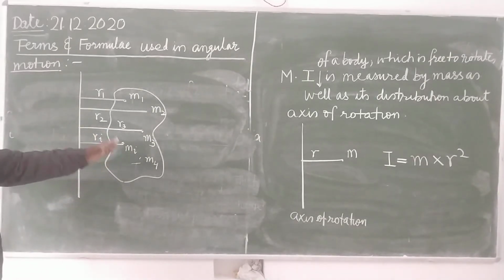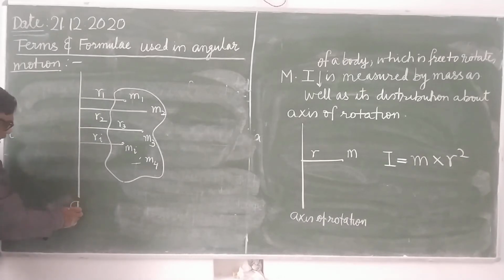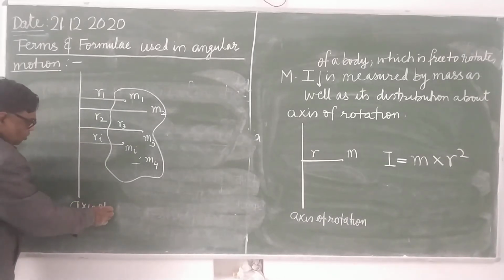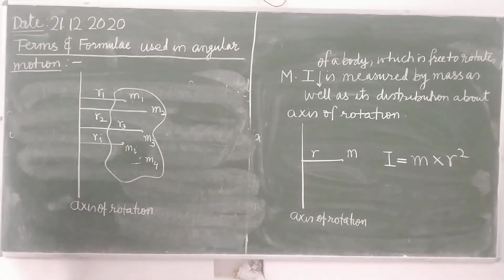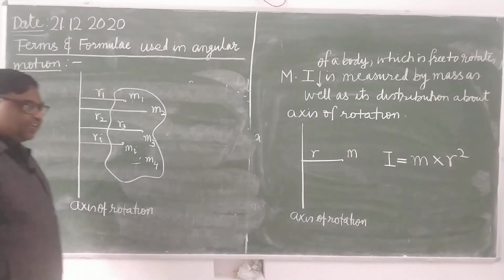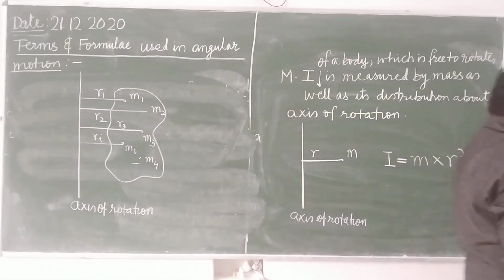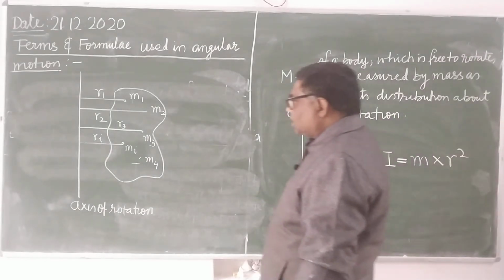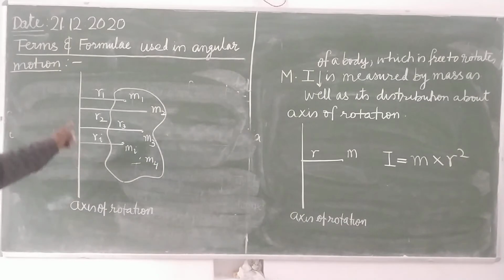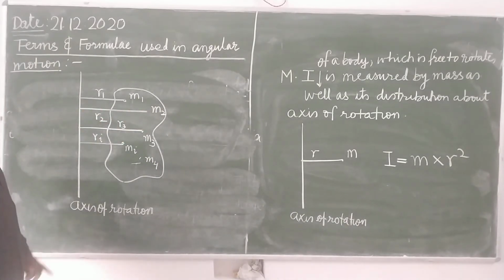When the body will rotate about this axis, this is the axis of rotation, every particle will describe circular motion. It will describe circular motion of radius r1. This particle will describe circular motion of radius r2. Here it will describe circular motion of radius r3. All are describing circular motion.